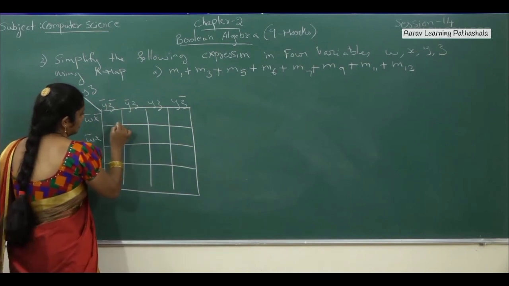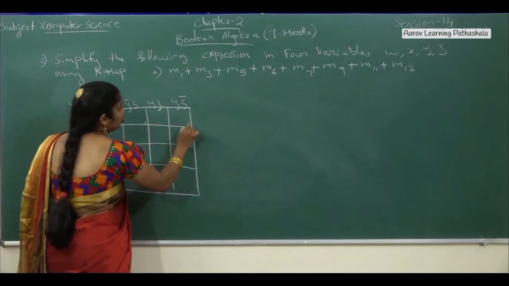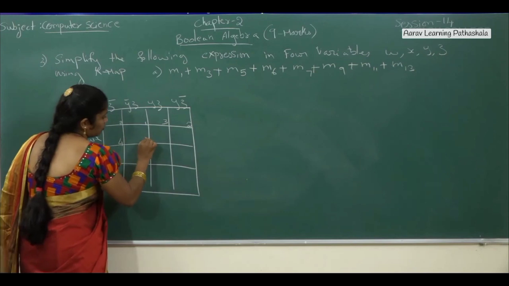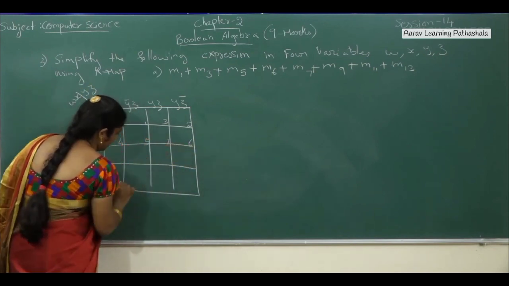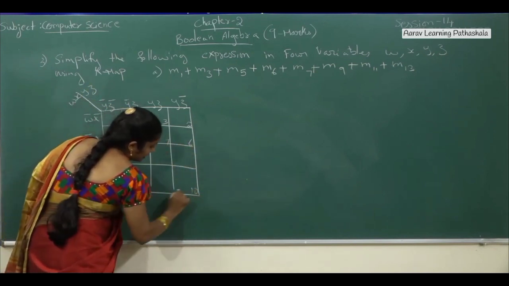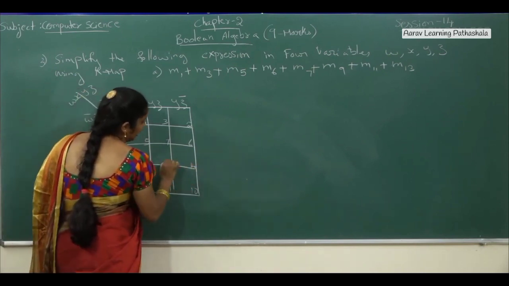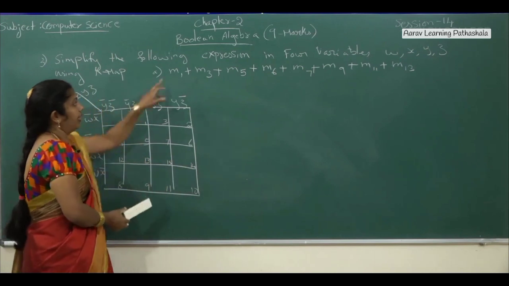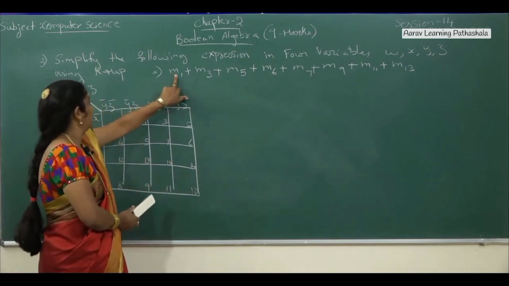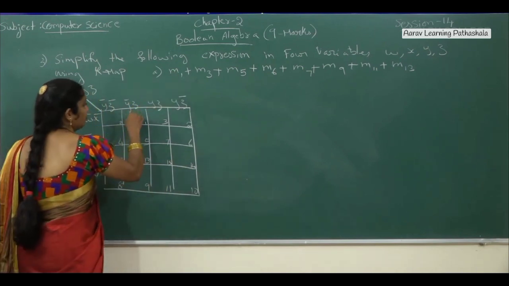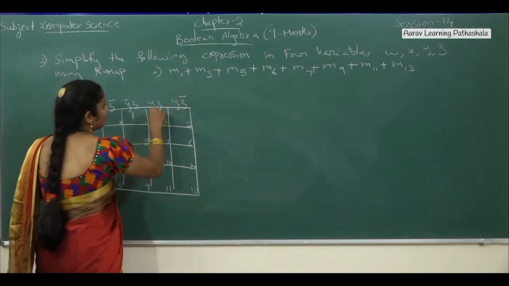Write down the cell addresses 0, 1, 2, 3, 4, 5, 6, 7, 8, 9, 10, 11, 12, 13, 14 and then 15. They gave small m1, so for that write 1. Next m3, 1.